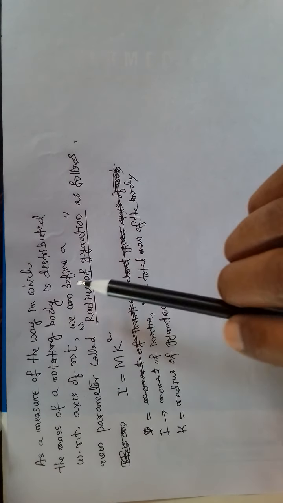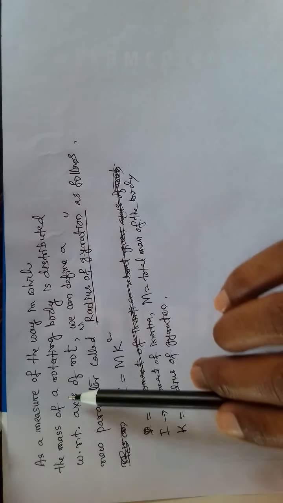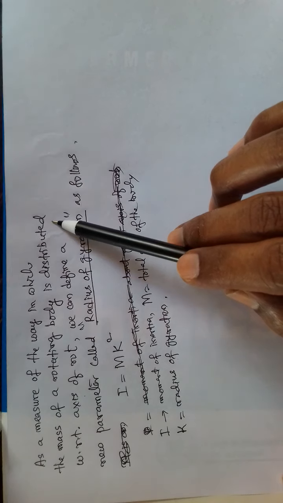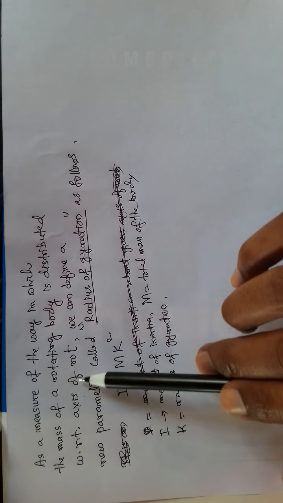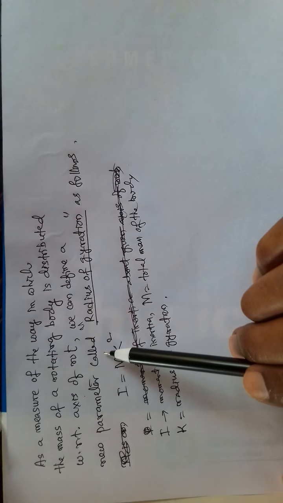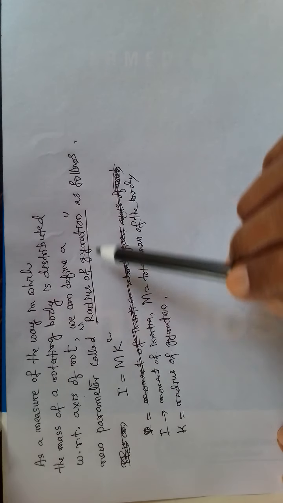As a measure of the way in which the mass of a rotating body is distributed with respect to the axis of rotation, we can define a new parameter called radius of gyration.